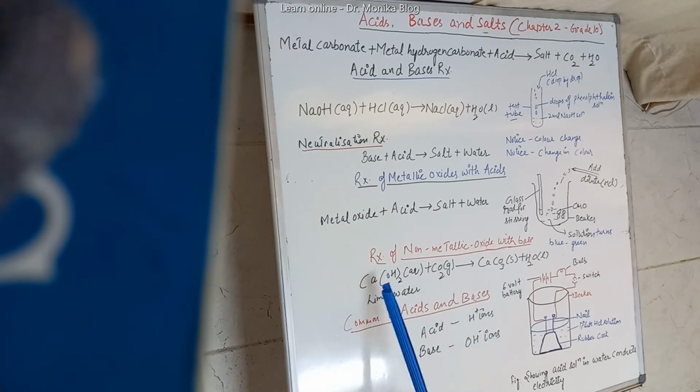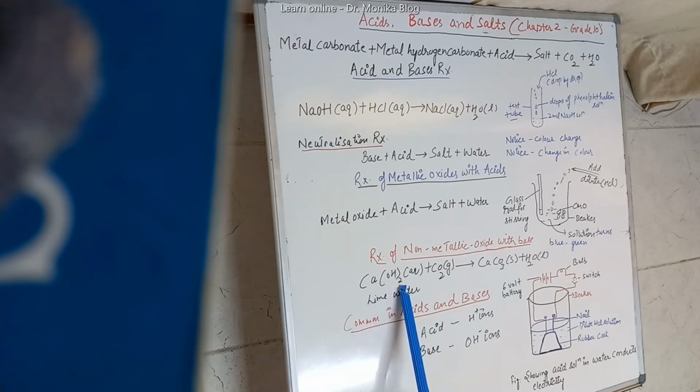As we discussed in the previous lecture, when lime water, that is calcium hydroxide Ca(OH)2, reacts with carbon dioxide gas, calcium carbonate plus water is formed.